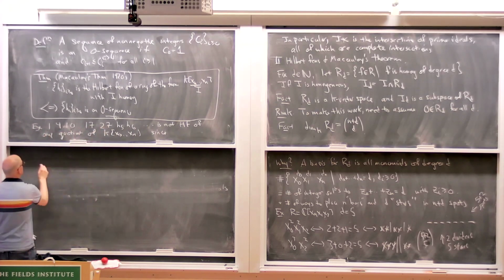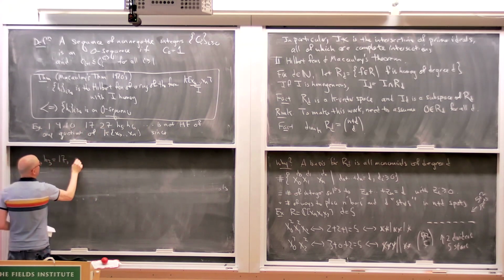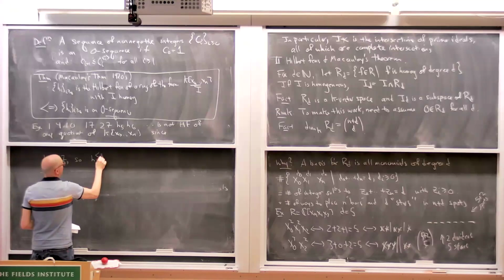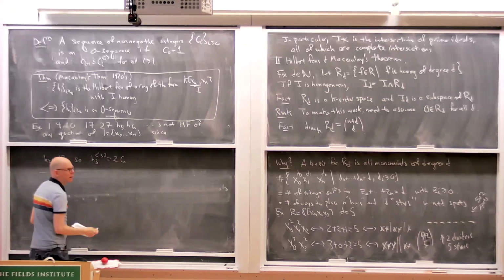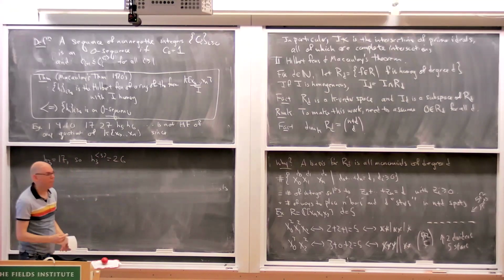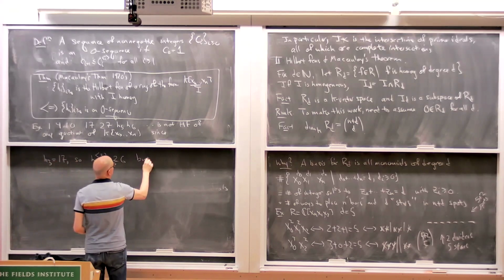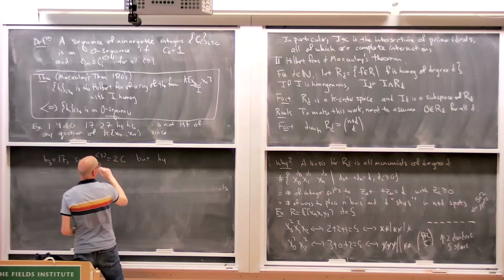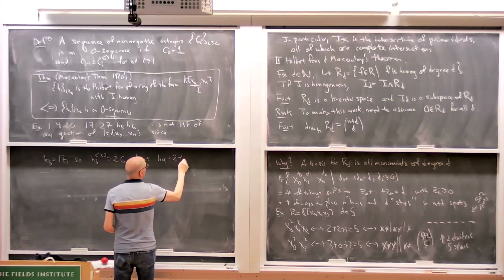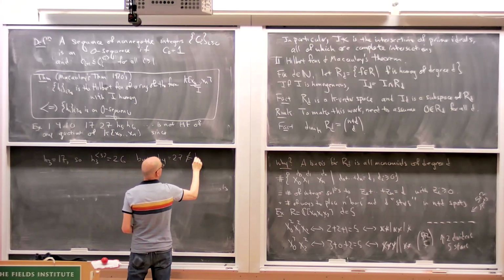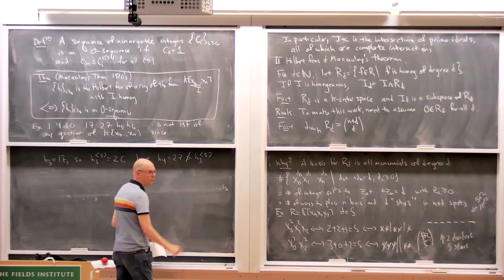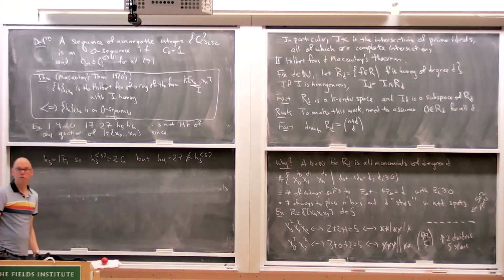Since H3 is 17, H3 upper 3 is 26. That's what we computed on the board. But H4, the fourth term, is 27, which is not less than or equal to H3 upper 3. So this can't be the Hilbert function of anything.